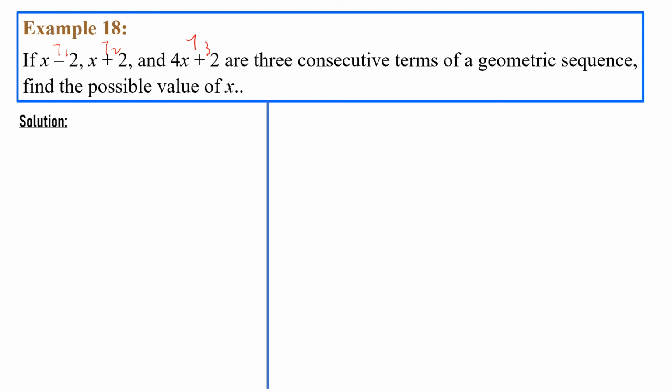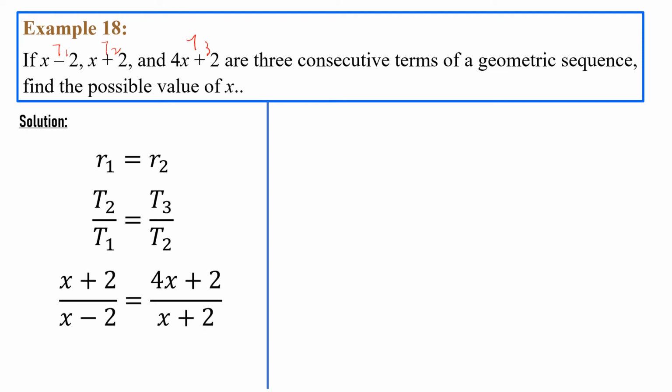So to get R, it can be T2 divided by T1 or T3 divided by T2. So we just assume R1 equal to R2. R is the common ratio. So R1 we get from T2 divided by T1 and R2 we get from T3 divided by T2.